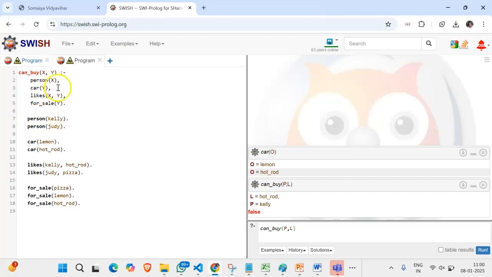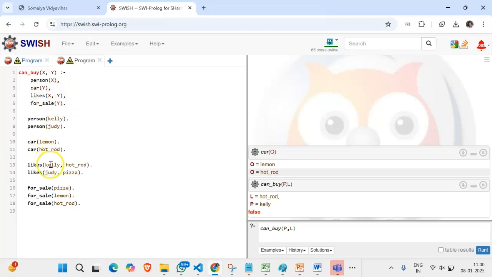Then there is a match. It finds an answer for Kelly. Then it would go ahead with the second clause, which is car Y, and that it finds as car lemon. So X is Kelly and Y is lemon. With that, it would go with the third statement and try to find all the matches wherein Kelly likes lemon has to be true.